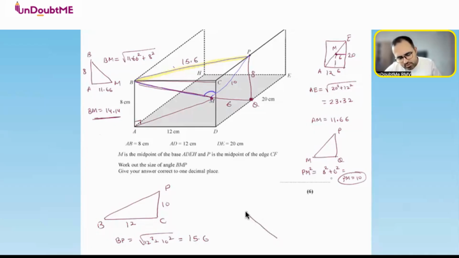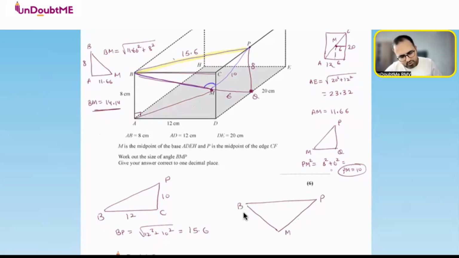Now finally I will look in the triangle, and I have got everything. Final calculation is left. This is triangle BMP, for which BM is 14.14, BP is 15.6, and MP value is 10. I need this angle. I can use cos theta and get that done.